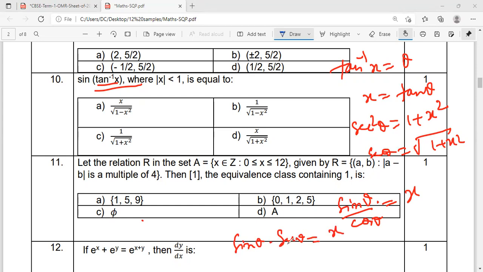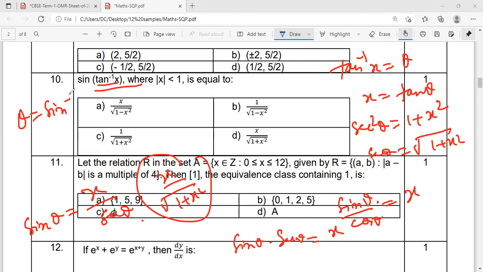So the value of sec theta we can put there, and we can say sine theta is equal to x divided by sec theta. x is tan theta, of course. So x divided by sec theta, which is under root 1 plus x squared. So if sine theta is x by under root 1 plus x squared, we get theta is equal to sine inverse of x by under root 1 plus x squared.